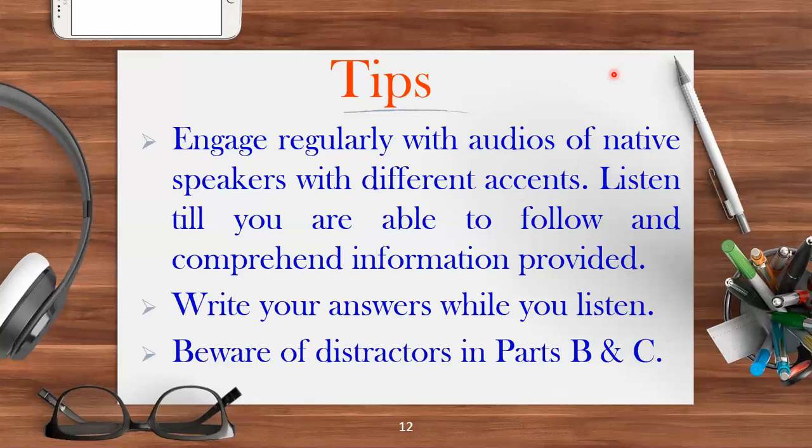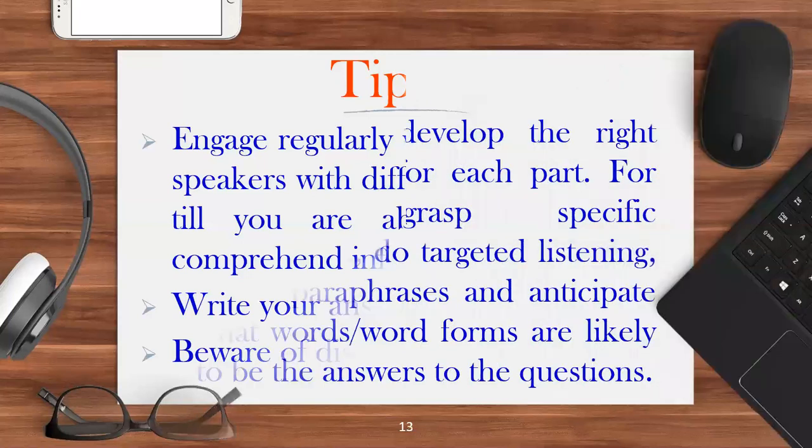They may be contradictions. If you're able to listen, follow the information very well, you should be able to fish out the distractor from the three options that you have. Of course, one option would be odd, and so you can easily put that aside. Then you can settle on the right answer after you've dealt with the distractor.